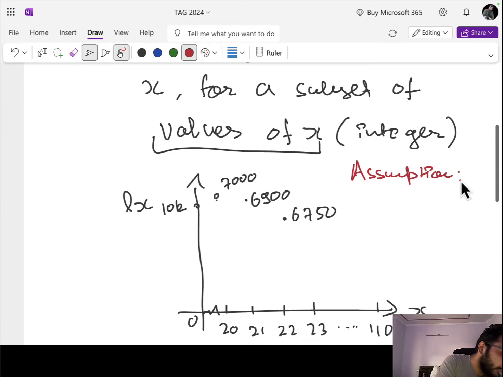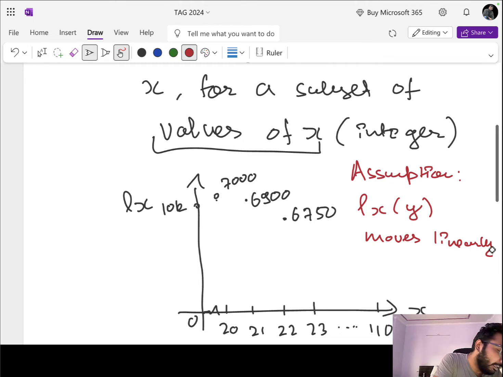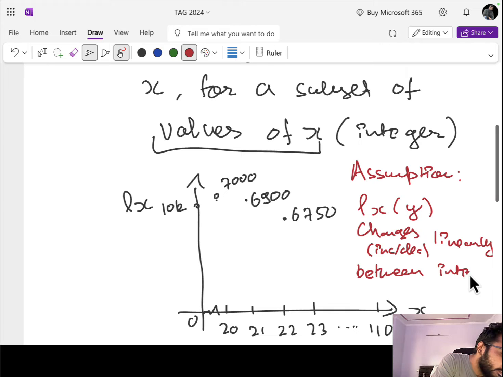I take the assumption that Lx or y generally moves linearly, that moves meaning increases or decreases, or you can say changes, it changes linearly between integer ages.